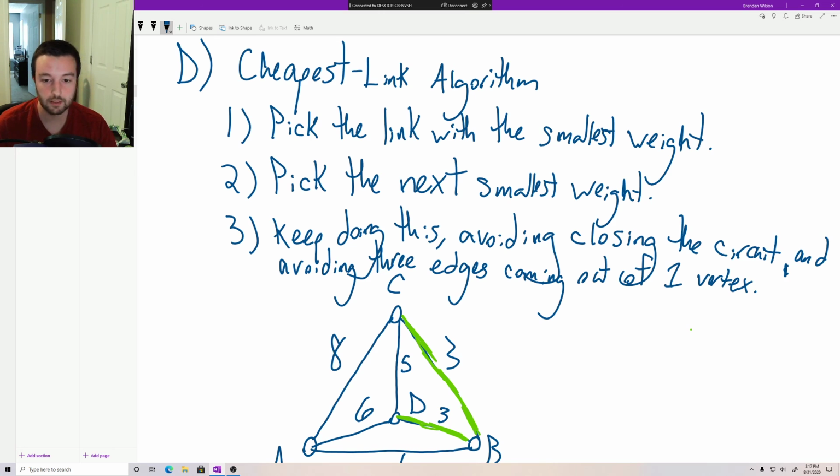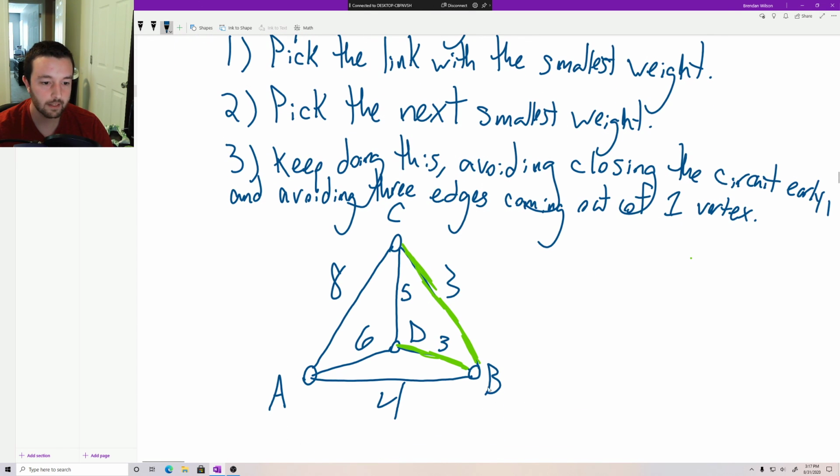That's important because we'll end up not being able to complete the circuit if we have 3 coming out of one. Let me word this better. We want to keep doing this, avoiding closing the circuit early and avoiding 3 edges coming out of one vertex.